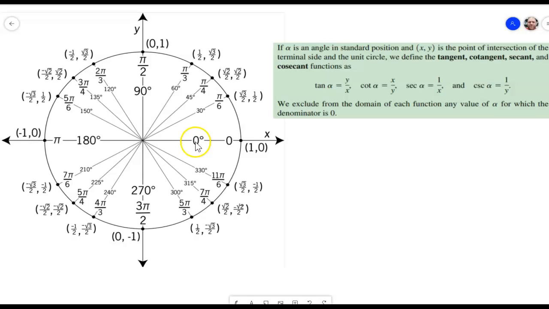So if you started here at 0 and you started going in this direction, going to here would be negative 90. Going to here would be negative 180. This would be negative 270. That would be negative 360. So we actually defined going in the negative direction, going clockwise. That would be the same direction as a clock would be going.